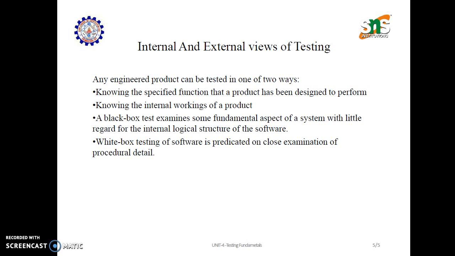While testing, there are two types of testing: internal and external view of testing. The internal testing is done inside, which means the internal function will not be viewable to the users. So the internal part will be hidden.